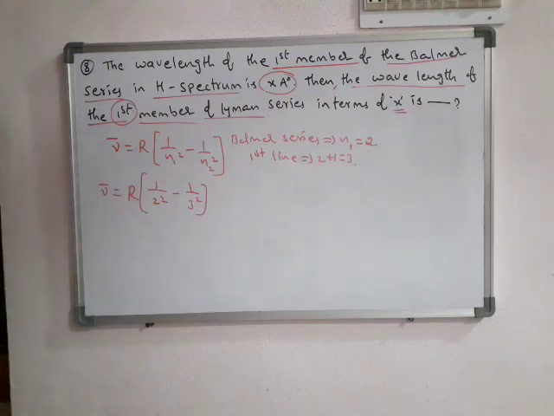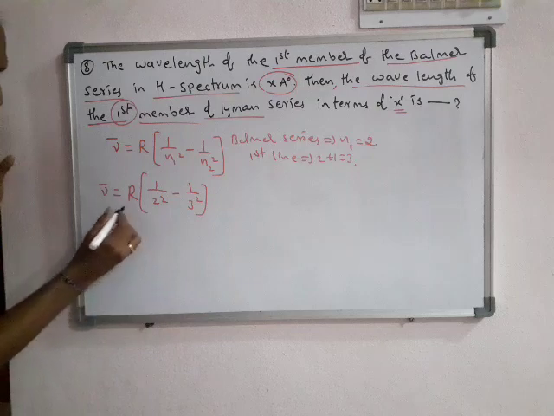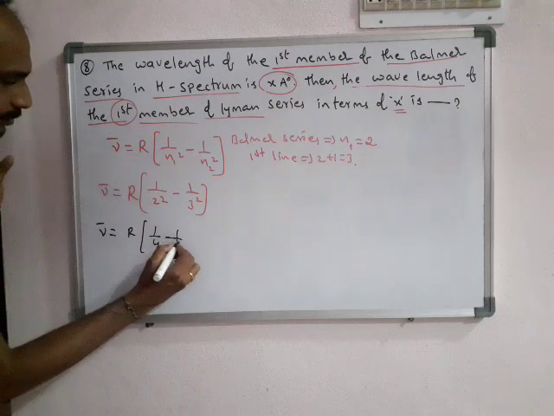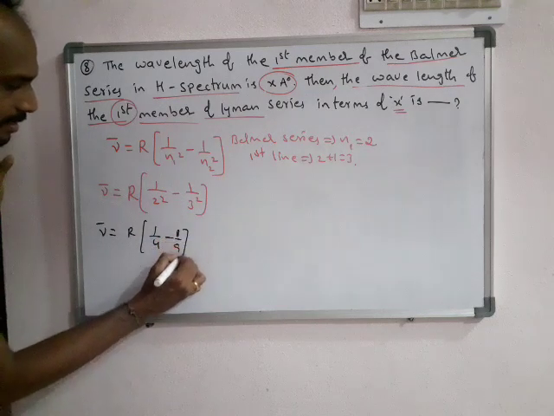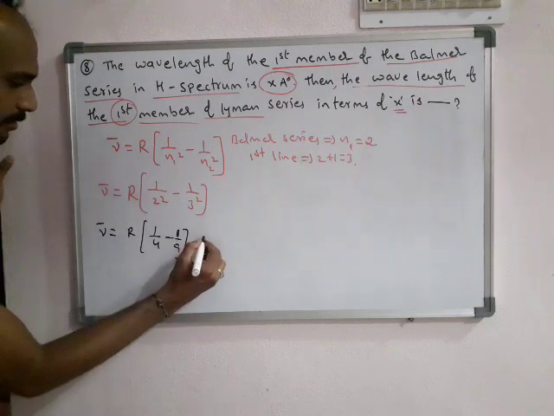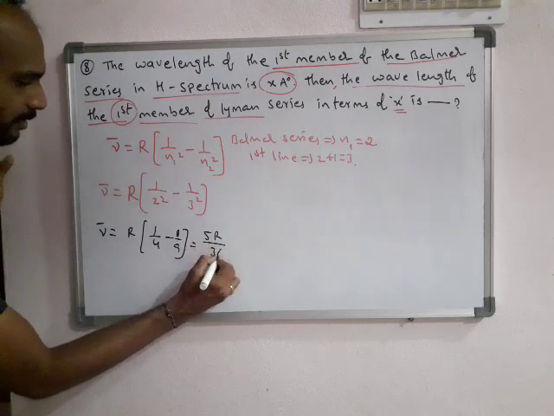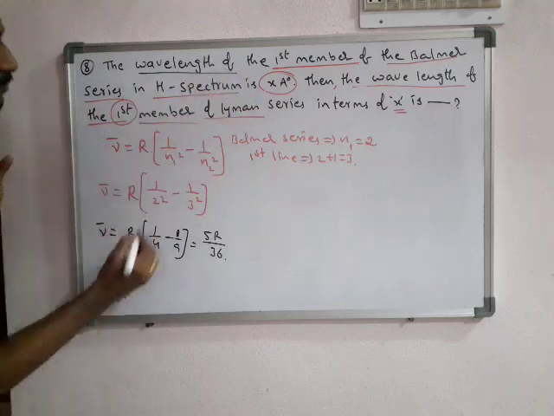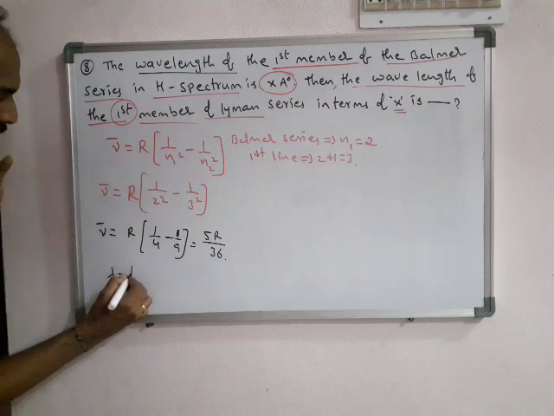Okay, so here now nu bar, we already calculated it in the earlier problem. How much did we calculate? That is equal to 5R by 36. The clue given to us is the wavelength. So therefore lambda is equal to 1 by nu bar.